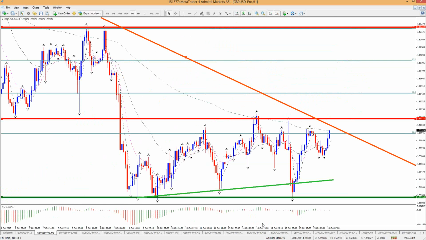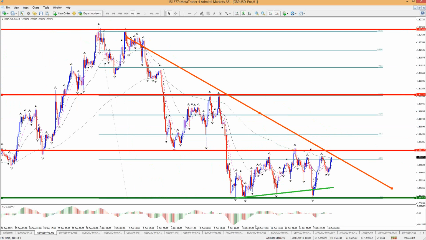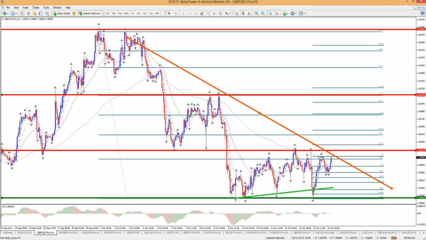So let's go to the 1 hour chart. And we can even put a fib on this up move here. You can see that the 618 is lining up a bit with the 382 here. The difference is only 8 pips, so that could be a confluence.